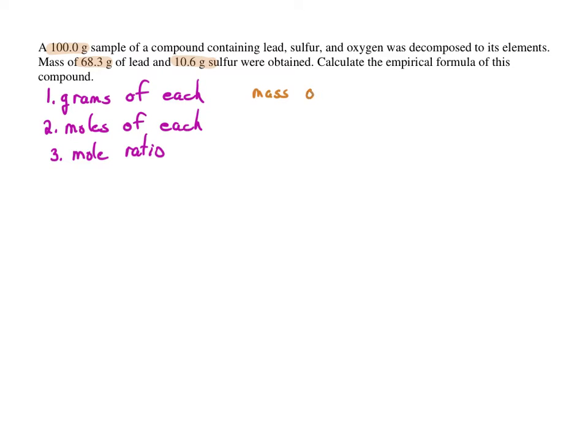So the mass of oxygen is going to be the mass of the entire sample minus the mass of the lead minus the mass of the sulfur. So the mass remaining is the mass of oxygen, which is 21.1 grams.